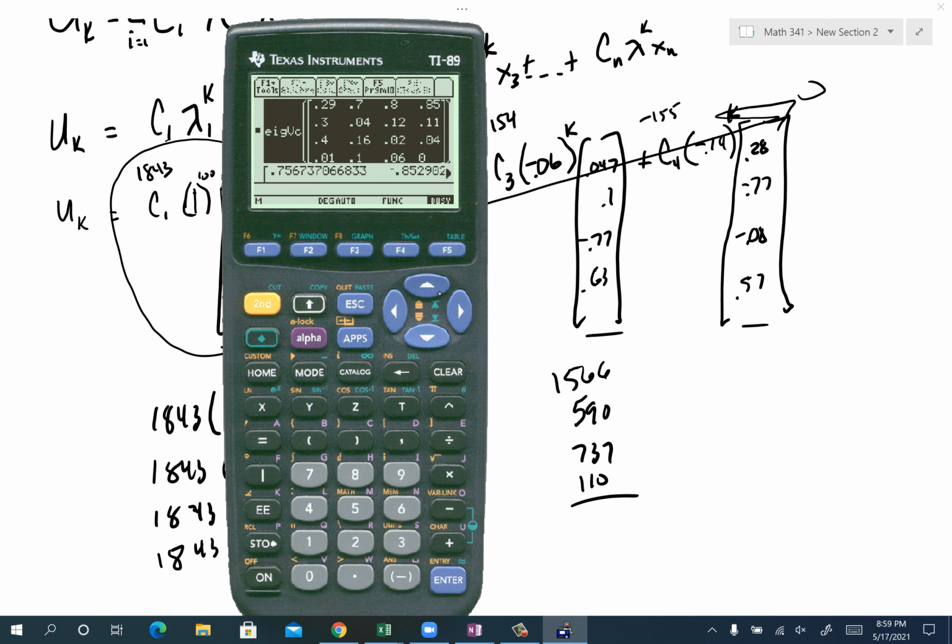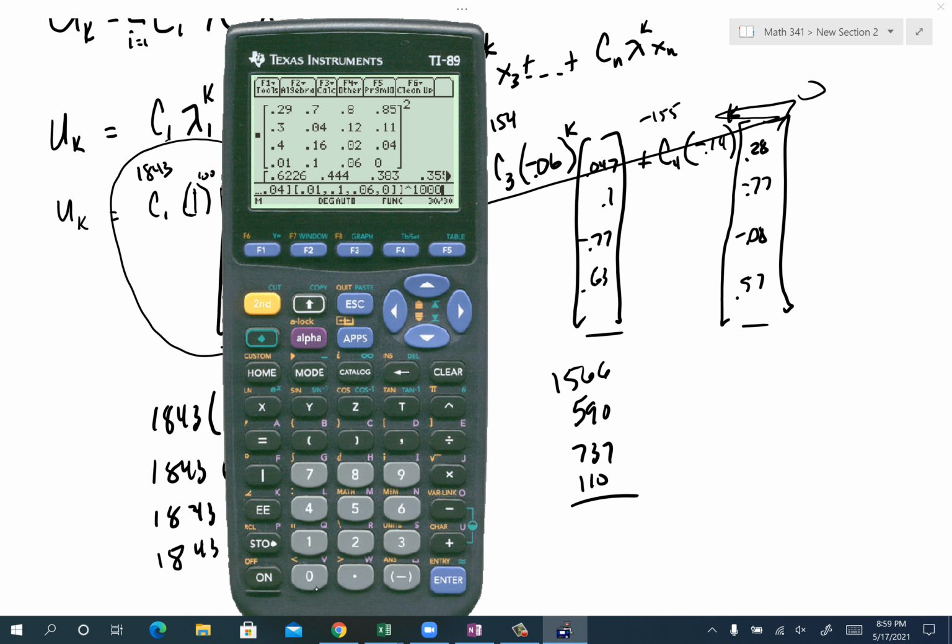Now, the cool thing is that because you know this approximated value, at infinity, this is what it's going to be, awfully close to it. So I'm just going to go ahead and plug 1,000 back in times this. And as we said, there's really no difference between 100 and 1,000 in terms of this. There's almost no difference.